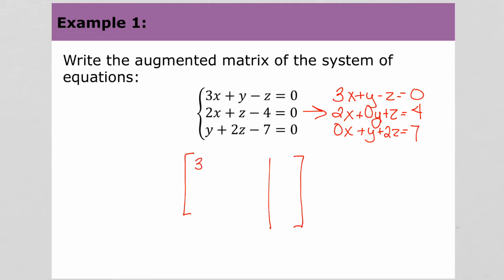So 3, 1, negative 1, and on the other side of the line we put 0. Then for the second row we've got 2. We have to put a 0 in the y spot, so that's why we included it up there. 1z and 4. Then 0x, 1y, 2z, and 7.